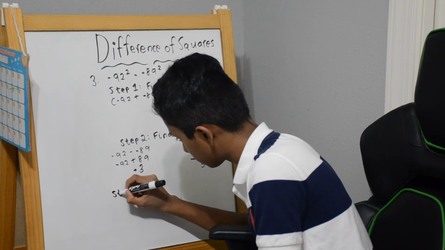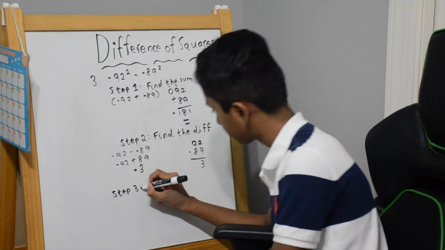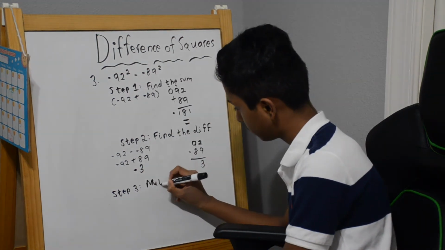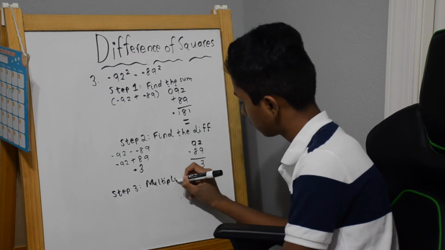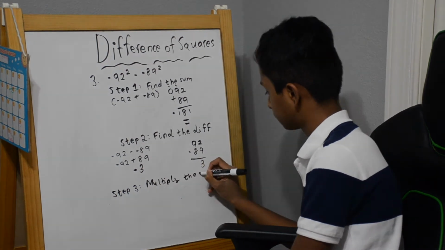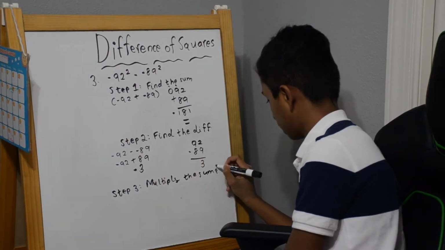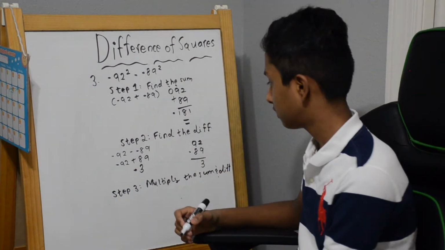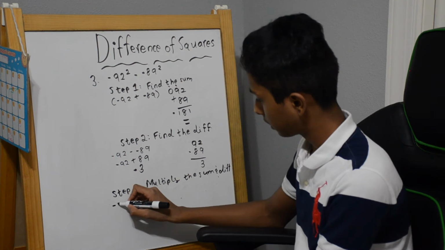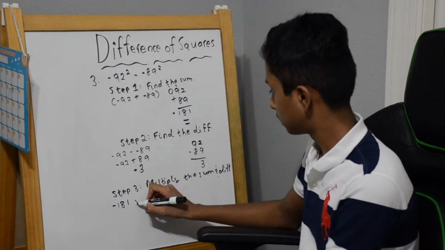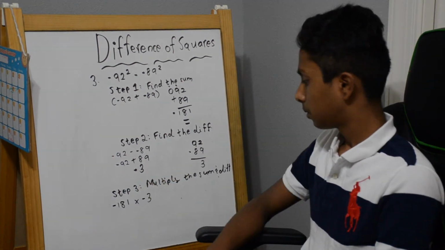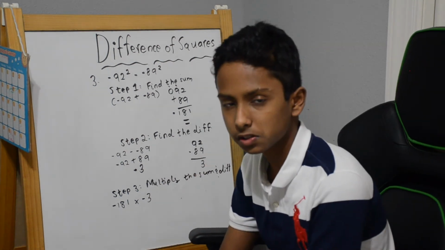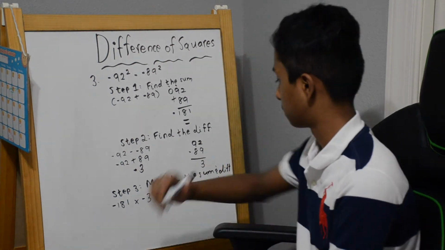And then step 3 is to multiply the sum and difference, which we can write as DIFF for difference. That is negative 181 times negative 3. When you multiply two negative numbers, your answer has to be a positive number.